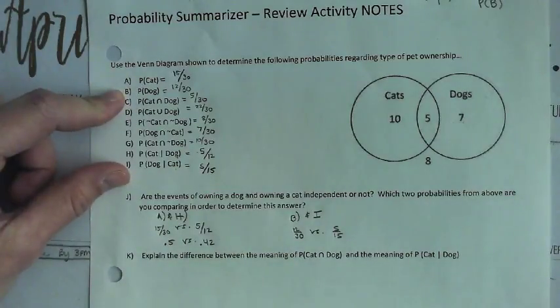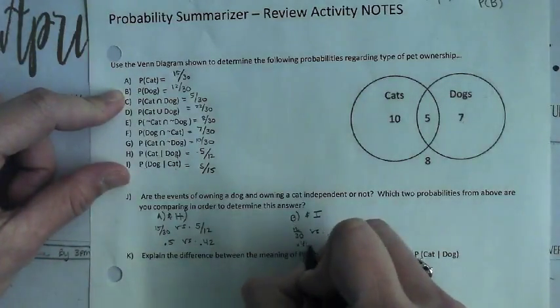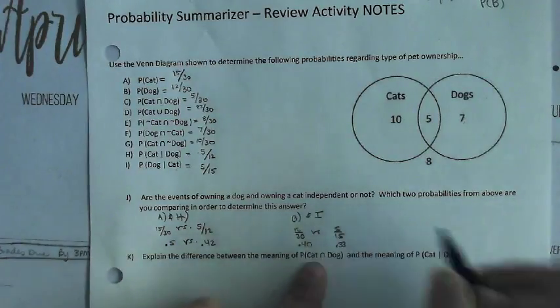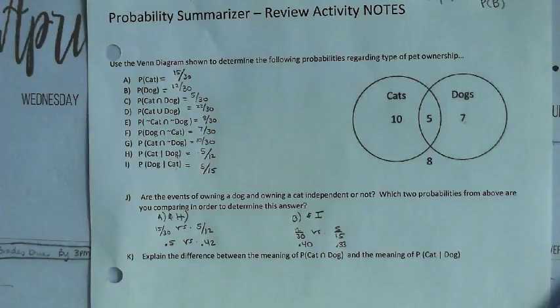So the probability of owning a dog, 40%. Probability of owning a dog if we already know you own a cat, dropped. Nathan. Yeah. Okay.